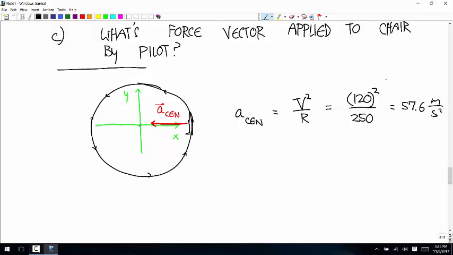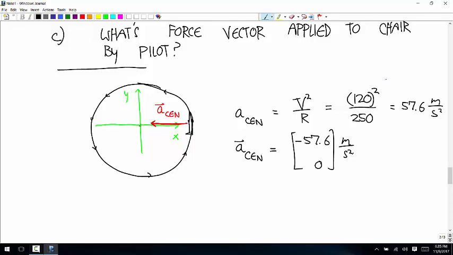So yeah, I haven't done it as a vector yet. I just first got the magnitude, but yes, it's in the negative x direction. So as a vector, the centripetal acceleration is negative 57.60. And depending on what point you are solving for, this has the same speed everywhere.